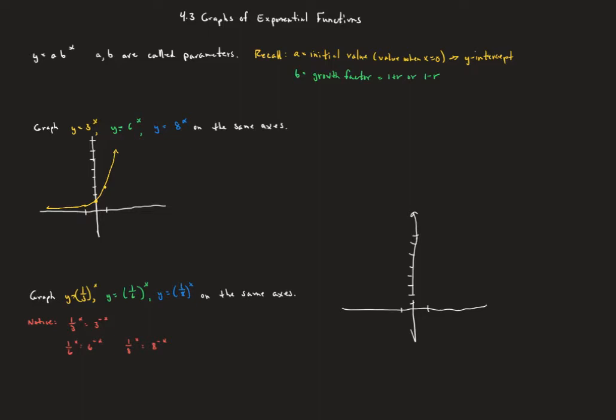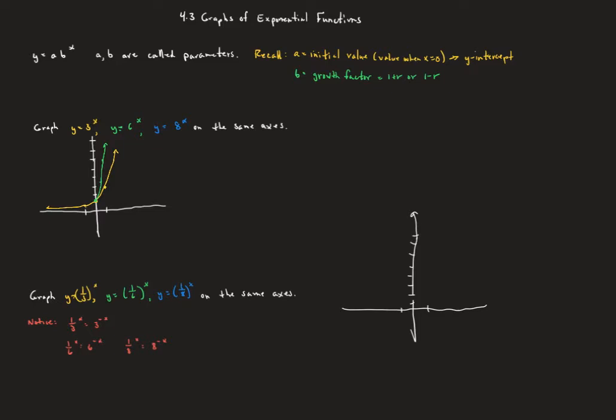Now, 6 to the x shares the point (0, 1), because when we put in 0 for x, 6 to the 0 is also 1. But when you plug in 1, it's all the way up now to 6. So as soon as we cross the y-axis, it's going to get much steeper, much faster. On the other hand, when you go to the left, 6 to the negative 1 is 1/6.